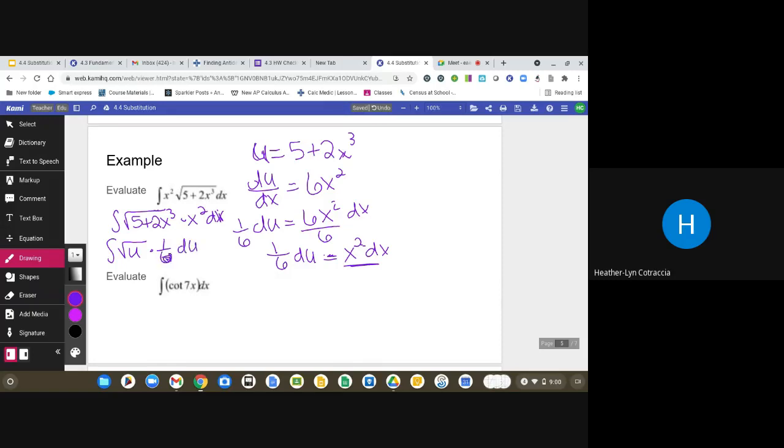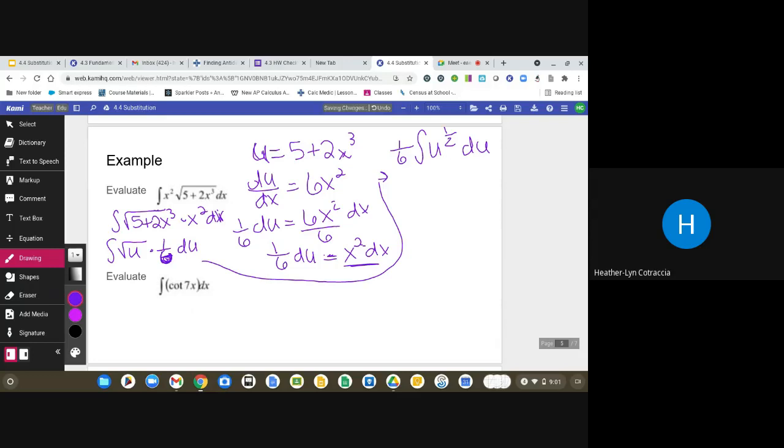Bring your constant out to the outside. So we'll have 1/6 times the integral. Now I'm going to rewrite that as u to the 1/2 power times du.